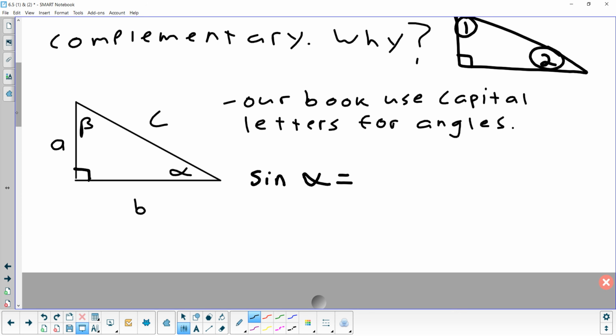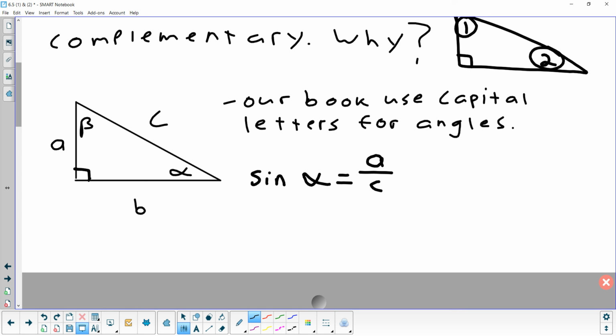Alpha is the angle that we're referencing. Wouldn't it be the A? Yep. So sine of alpha is opposite over hypotenuse. And what's my hypotenuse? C. Okay, so the sine of alpha is A over C.